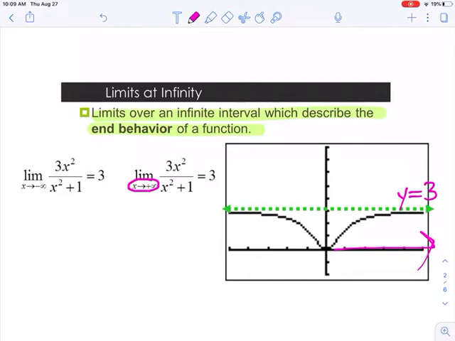Okay. If I ask you for the limit as x approaches positive infinity, I'm asking for the behavior towards the right of the graph as we continue to go towards infinity with our x values. So we know that our function is going to approach our horizontal asymptote, so our limit is going to be that horizontal asymptote.